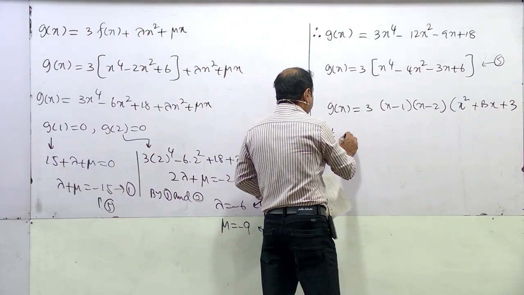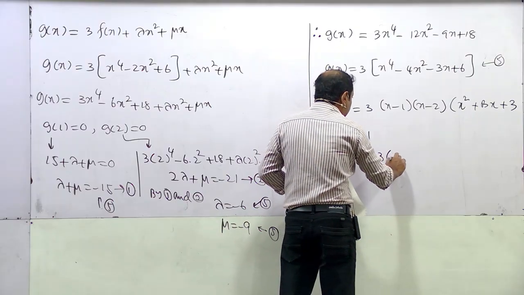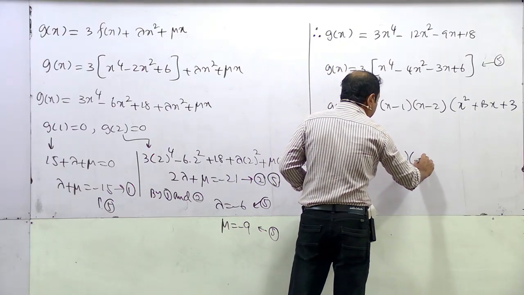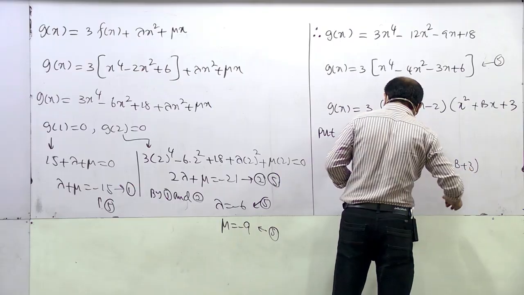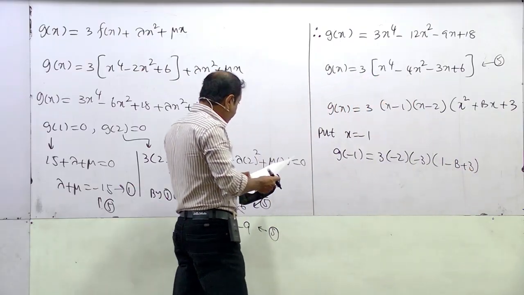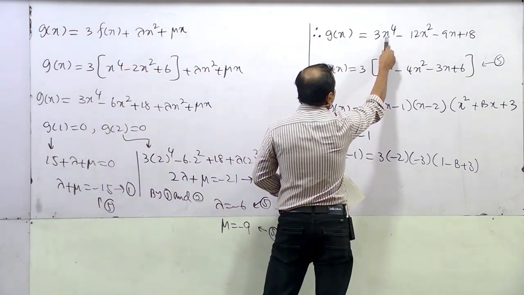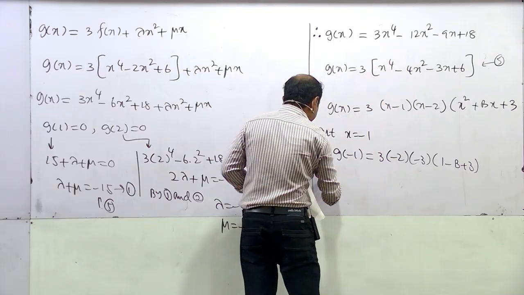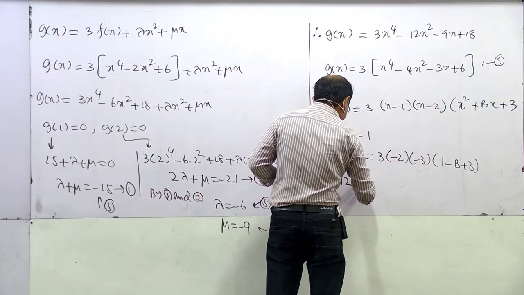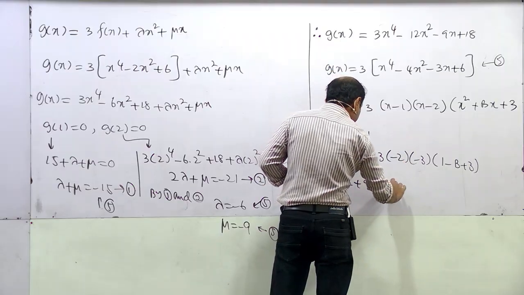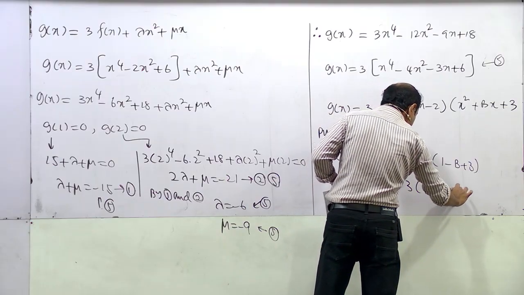put x equals minus 1, then we get g(minus 1) equals 3, here first bracket minus 2, here minus 3, here 1 minus b plus 3. Right. Now g(minus 1), right, I can substitute here. G(minus 1) means putting here minus 1. What do you get? 3, here minus 12, minus 1 is 9, plus 18, equals here 3, 6, 4 minus b.